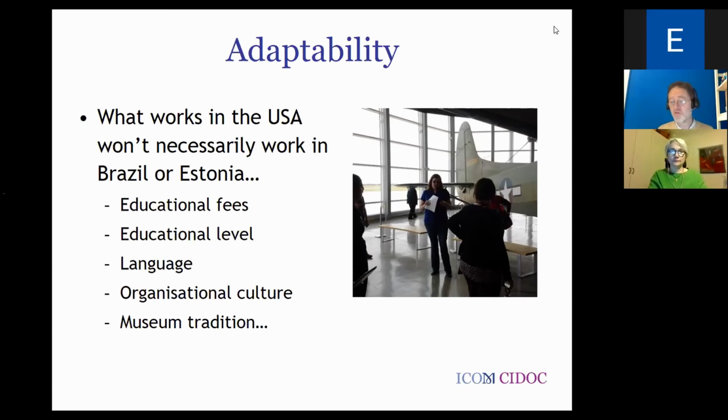I'm not sure if you may be familiar with this, but a few years ago, ICOM published a little description of the key jobs that exist, job descriptions for key jobs in museums. It's a definition and a description of what different people do in the museum.